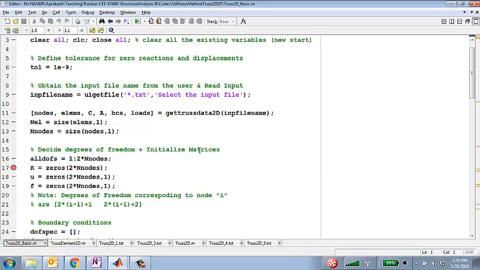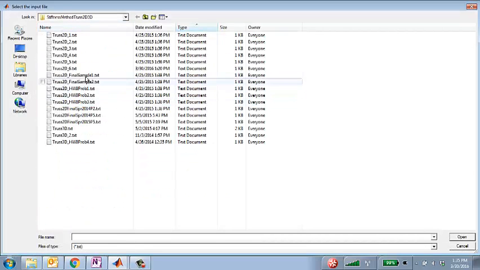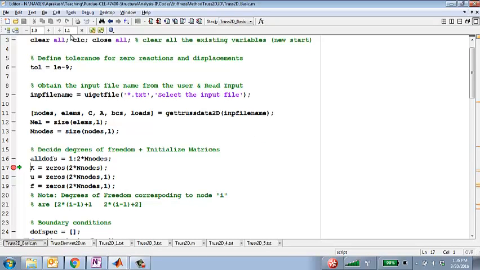Okay, so place a breakpoint here and click on the run button. Matlab asks me for the name of an input file, so I'll choose the first input file. And by the way, these codes are also up on Blackboard now, in case you haven't tried them yet.